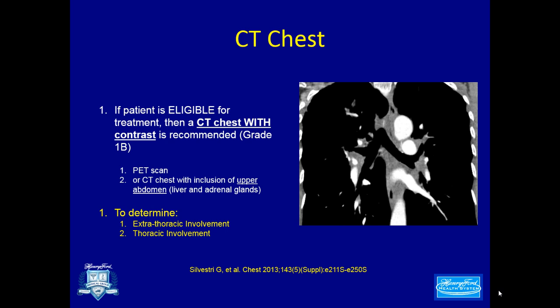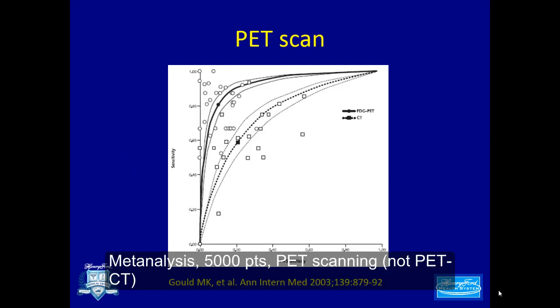And two, they will also tell us the extension of thoracic involvement, giving us better information on the mediastinum too. Let's put that thoracic involvement for later. We'll talk about extrathoracic involvement. So what are the guidelines in these kinds of patients to determine whether there is extrathoracic involvement or not?